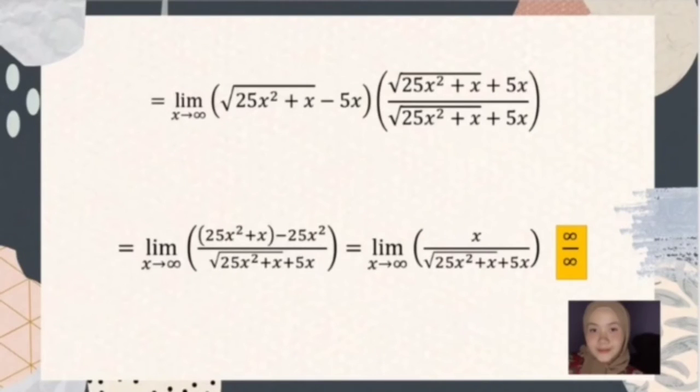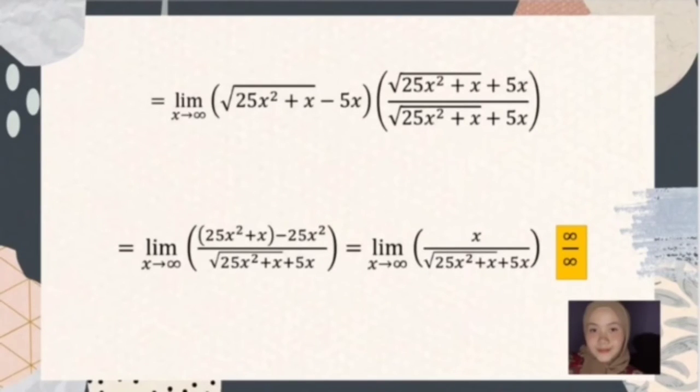The conjugate is square root of 25x squared plus x plus 5x, over the same expression. So this equals the limit as x approaches infinity, where the product in the numerator is 25x squared plus x minus 25x squared, over the square root of 25x squared plus x plus 5x. Then we can simplify the numerator to x over the square root of 25x squared plus x plus 5x.